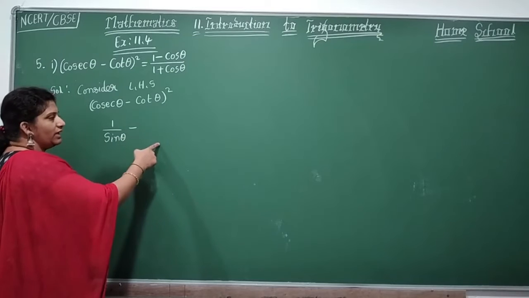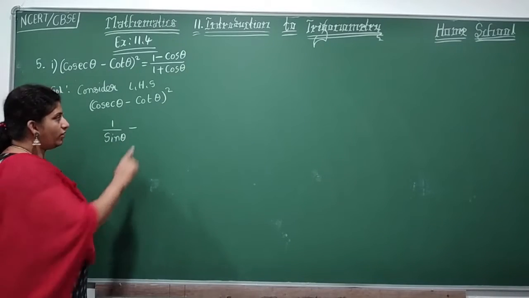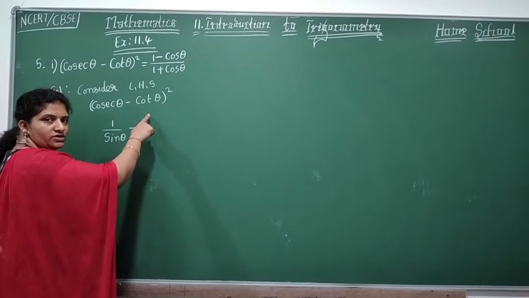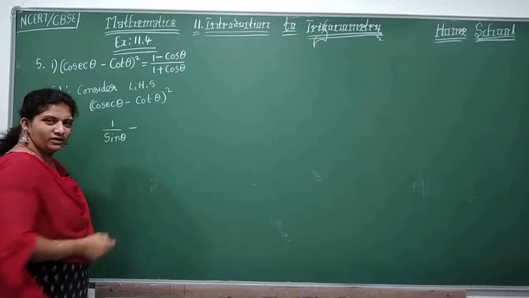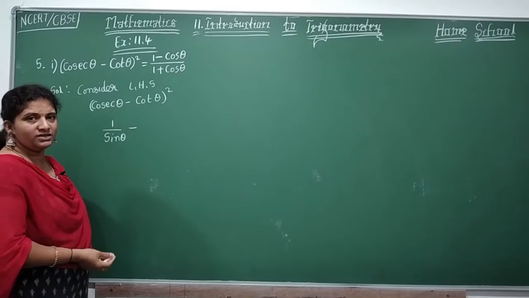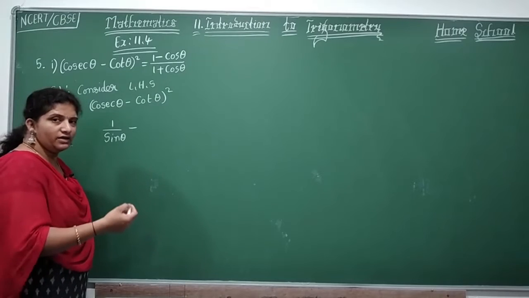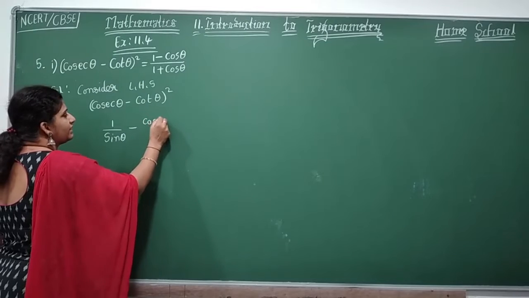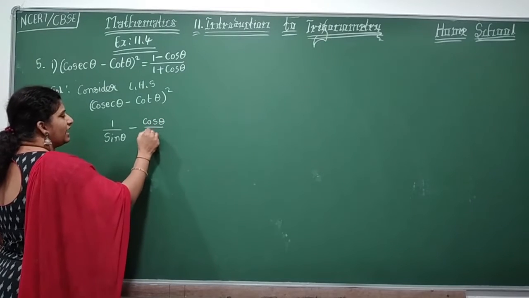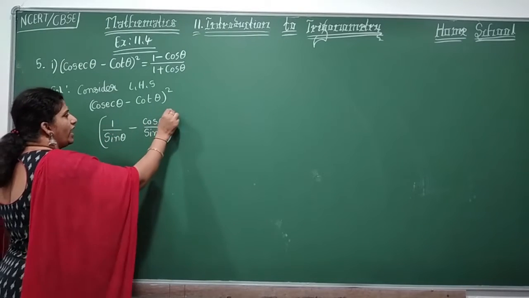Try to relate the two terms by sine or cos. You know that cot theta is adjacent by opposite, or in other words, cos theta by sin theta, whole square.